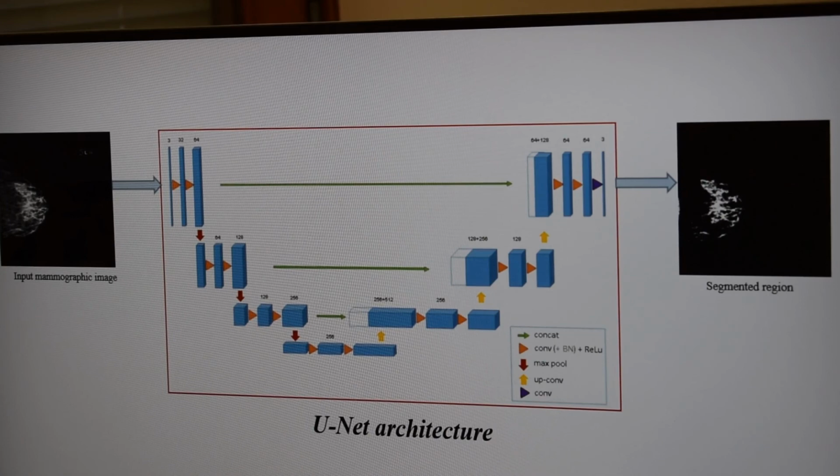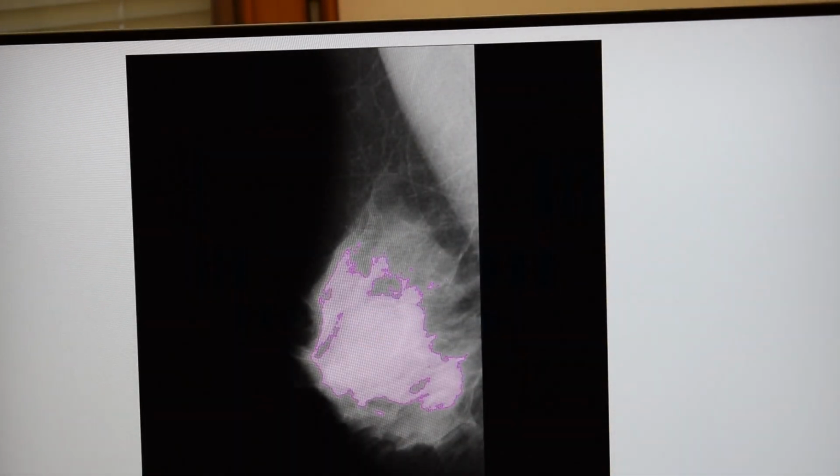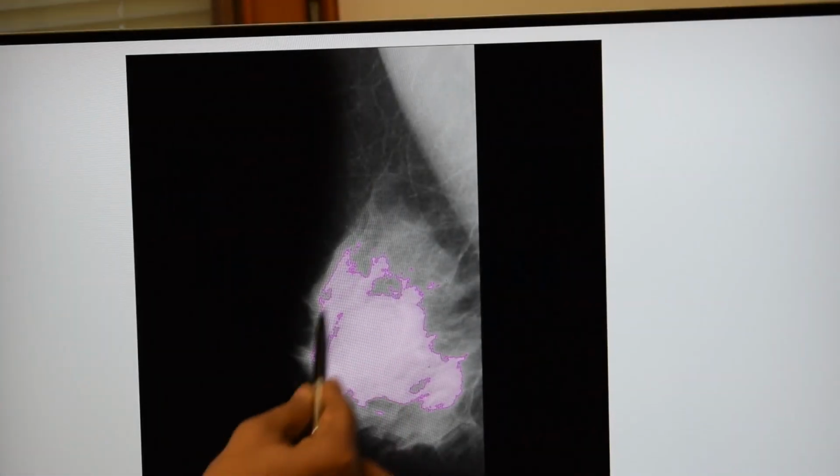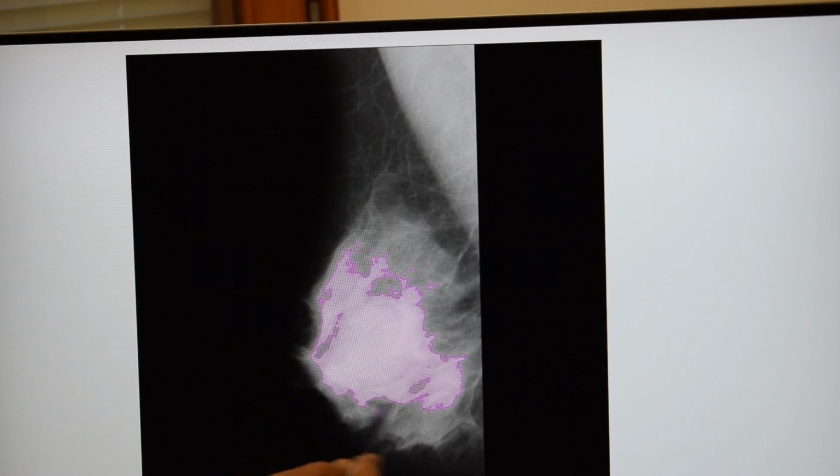And it is significant that the women who are going to have higher density are going to have a risk of cancer. We developed a new algorithm that is trying to identify the fibroglandular tissues more accurately, so that can help the radiologist for further assessments. This particular overlying image, the algorithm we developed using artificial intelligence, is trying to predict the fibroglandular tissues from the original mammogram.